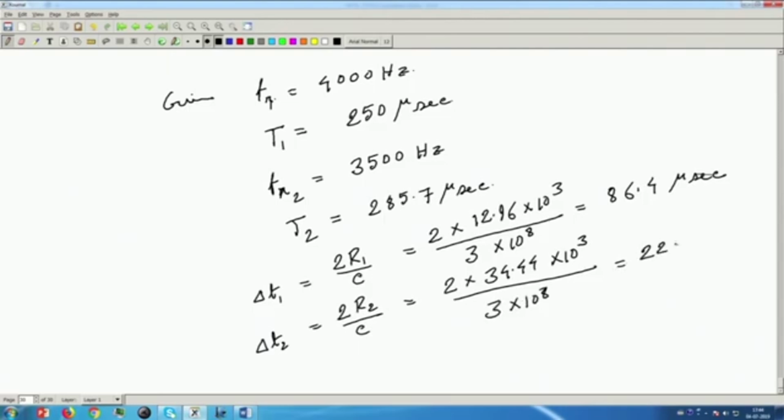So, it is 229.6 microsecond. So, now you will have to trial and error solve this.